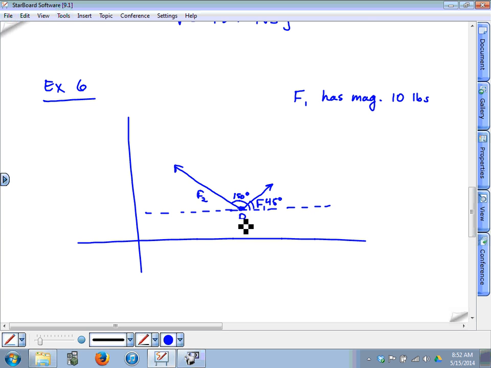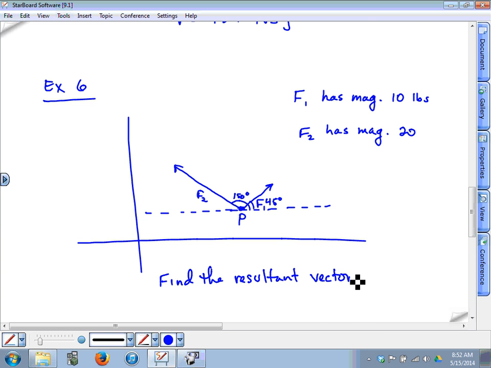Let's call that 150 degrees. Force 2 has magnitude 20. Your task is to find the resultant vector.